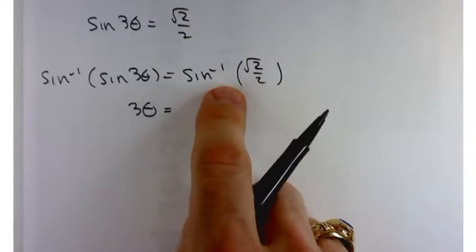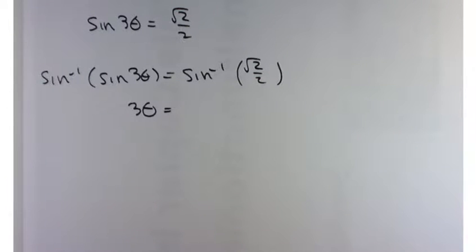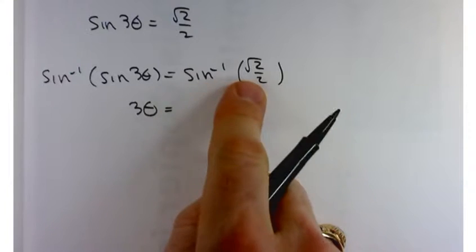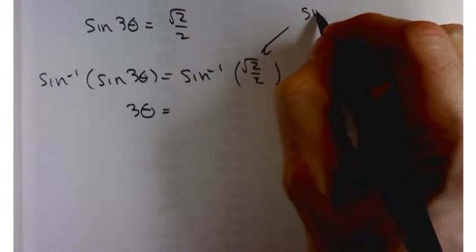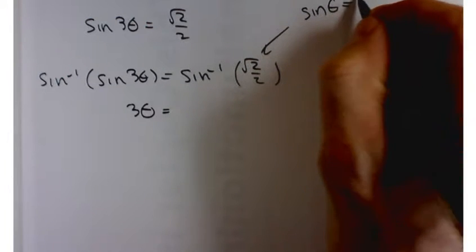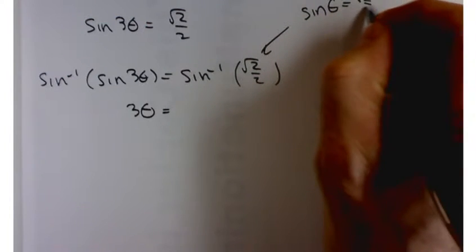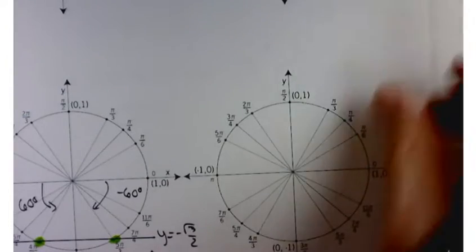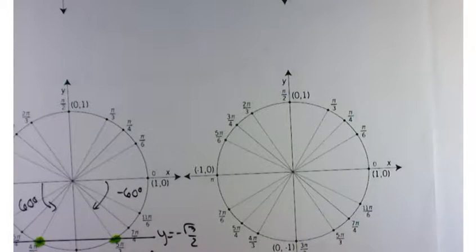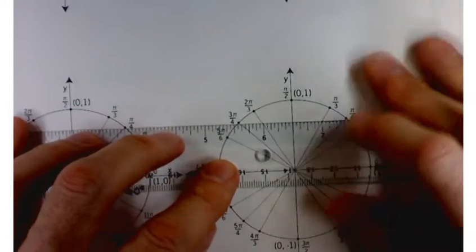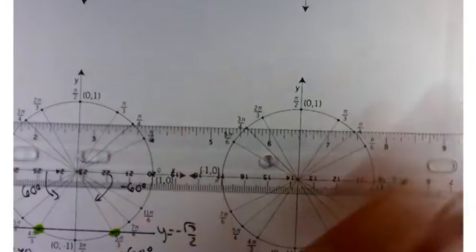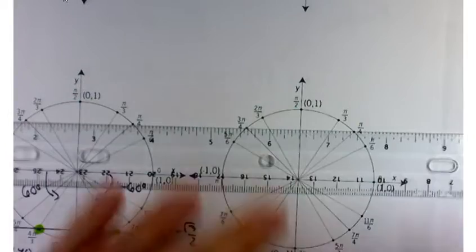Now on the right-hand side, we've got to go back and think about where the sine equals square root of 2 over 2. Because basically that's saying sine of something equals square root of 2 over 2. Sine is your y coordinate, so that means that you're going to get solutions in the first and second quadrants.